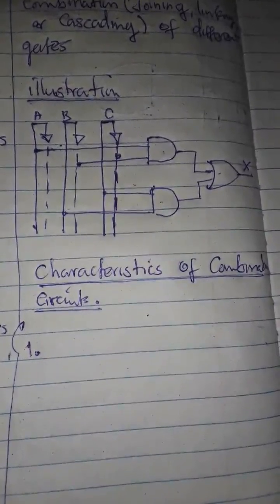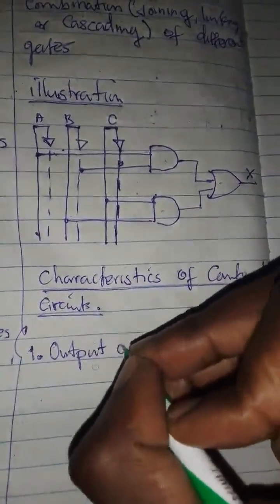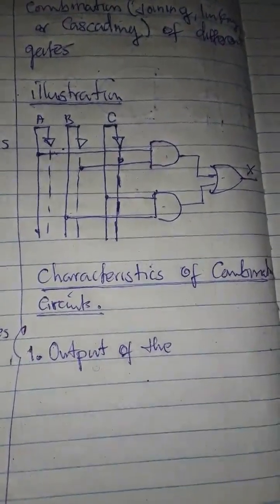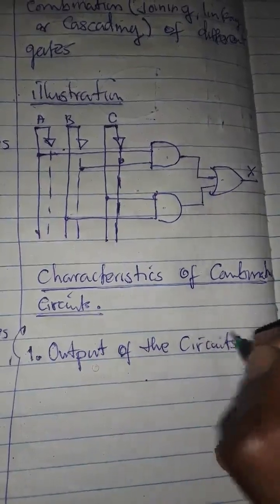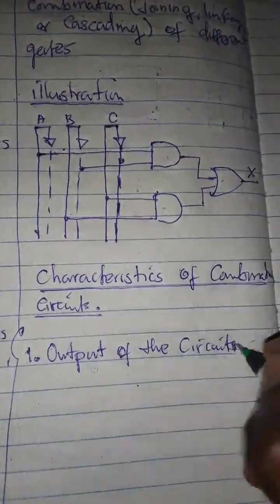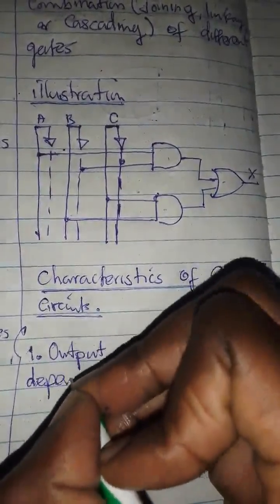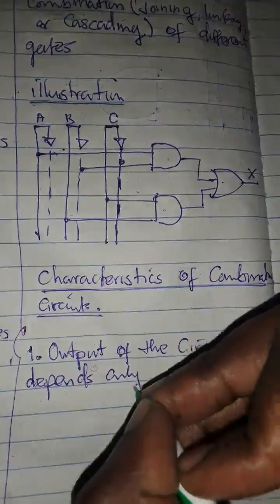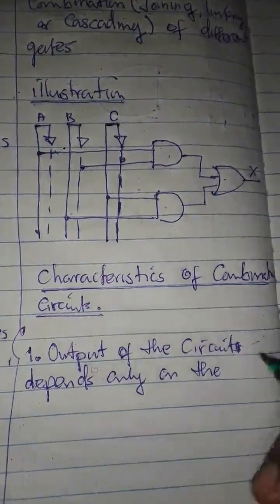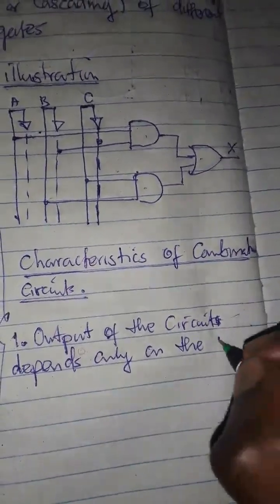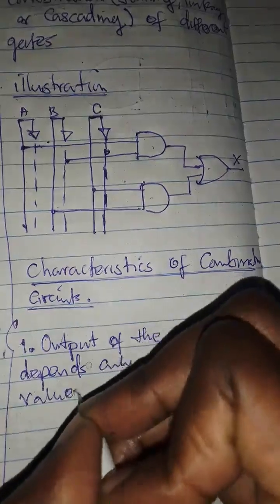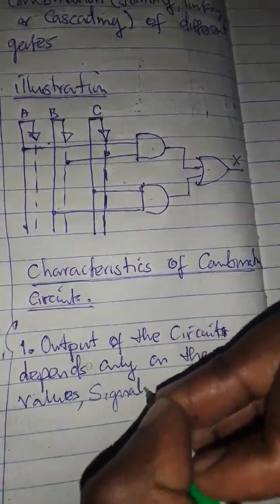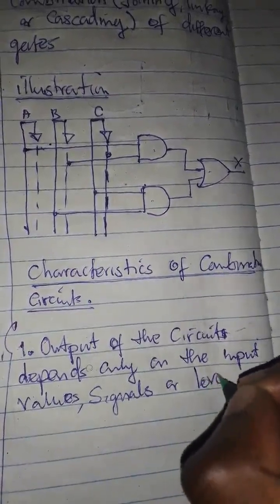One, you identify that the output of the circuit depends only on the input values, or you can say input signals or levels.